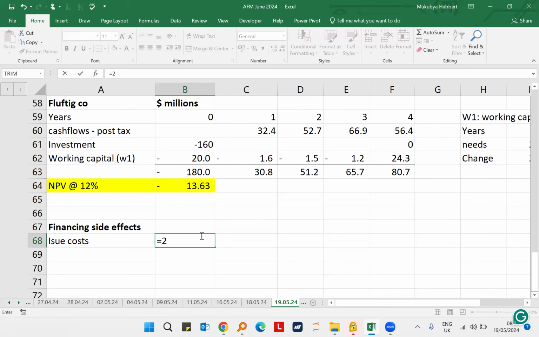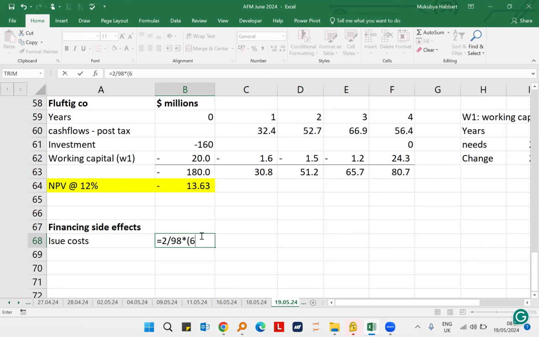And I always tell you that when you are getting a loan and you want 10 million, you don't ask for 10 million because the issue costs will reduce it and you'll end up with less. So you always assume that the 10 million is what you should remain with, which means that it's not 2 out of 100, it's 2 out of 98, because what we are remaining with is the loan after removing the issue costs.